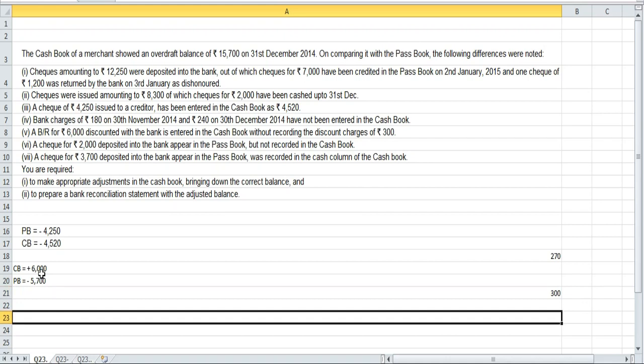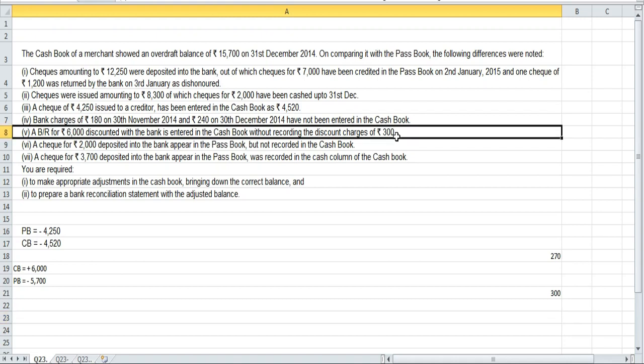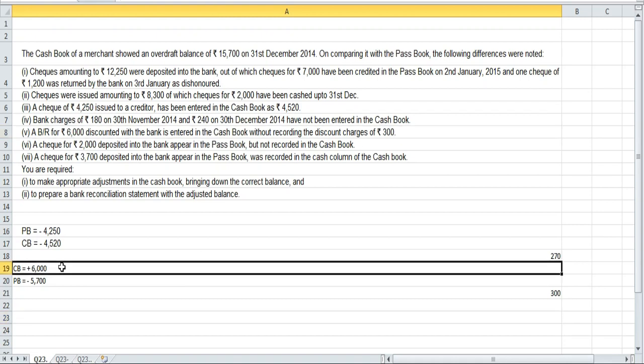Okay, so here it says a BR of 6,000 discounted with the bank is entered in the cash book. Okay, so we have entered 6,000 in the cash book, but we have not recorded the discount charges. How much was the discount charges? 300. So automatically discount charges means payment. You'll have to adjust 300 payment from the cash book.